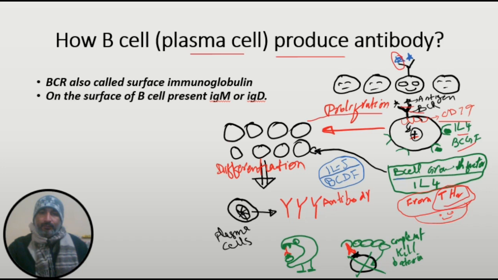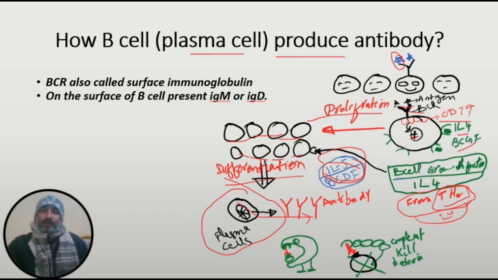A lot of B cells specific to that antigen will proliferate. Moreover, from the same T helper 2 cell, IL-5 and B cell differentiation factor will act on this proliferated cell. So B cell differentiation will happen.